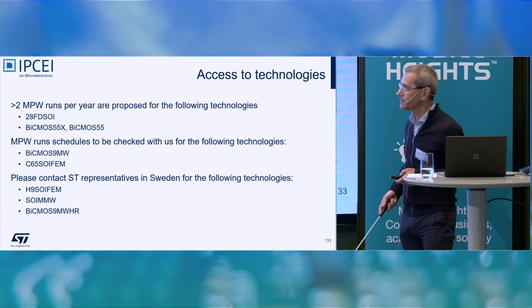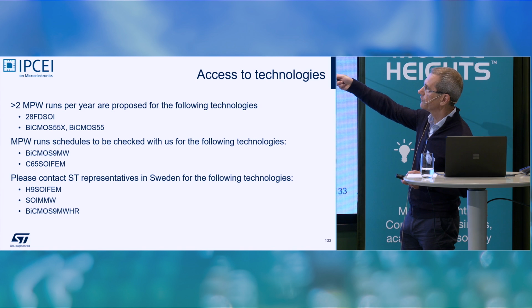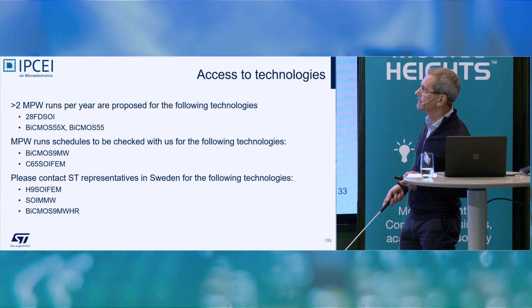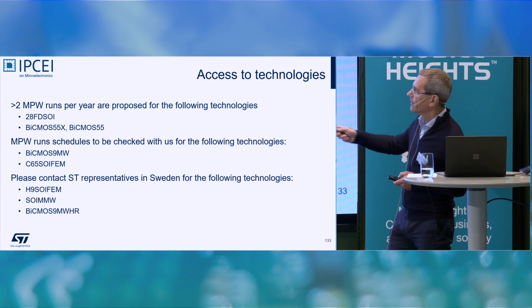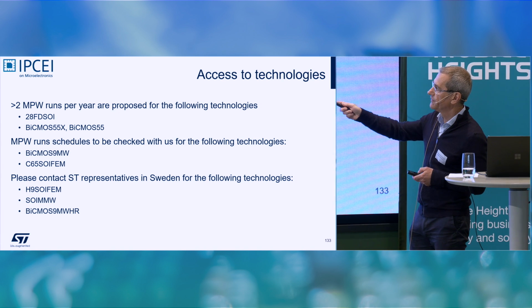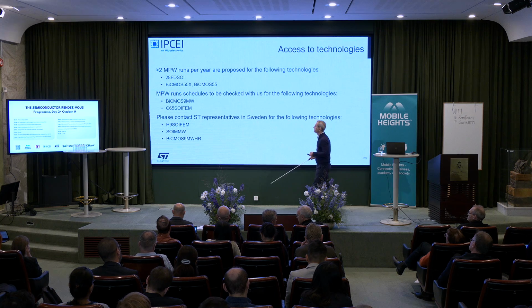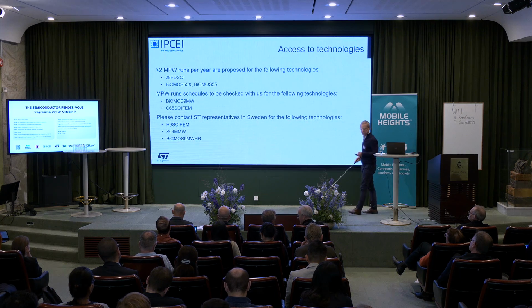We should have a better situation, and we should be able to supply this kind of runs, 2 MPW runs per year for these technologies, 28 FD-SOI, BiCMOS 55X and BiCMOS 55. So I hope this should be available as well again. Normally they are sharing the same mask set, but after, the technology roads are somewhat different, but should be possible.